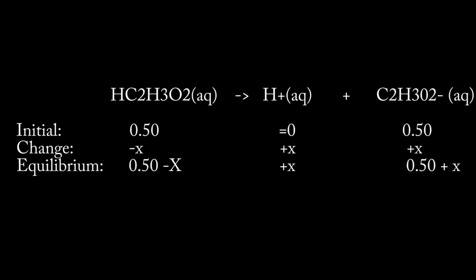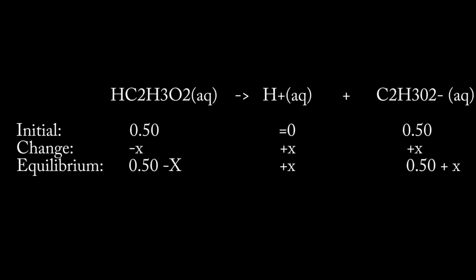So the ice table for this reaction will look like this, with the acetic acid dissociating into the hydrogen ion and the acetate over here, with the initial concentration being 0.5 molar, and then 0 on the H plus because it hasn't dissociated yet, and 0.5 molar on the acetate because it's already in the sodium acetate.